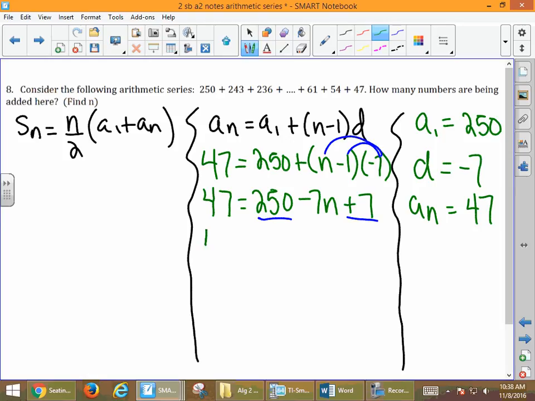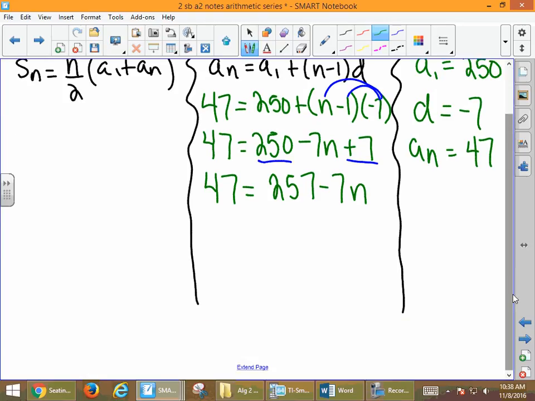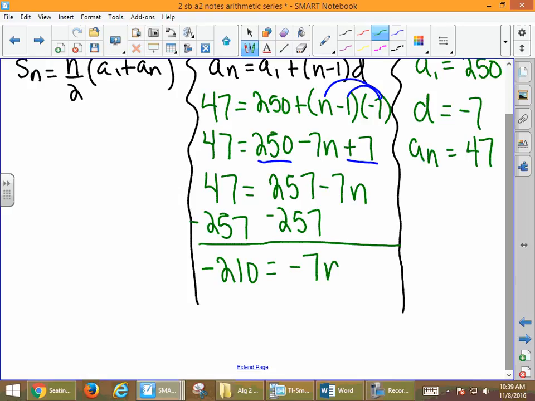We get 47 equals 257 minus 7n. Subtract 257 from both sides. And when we subtract, we get negative 210 equals negative 7n.